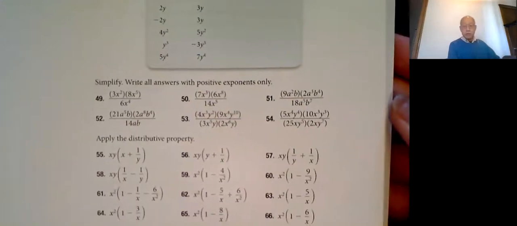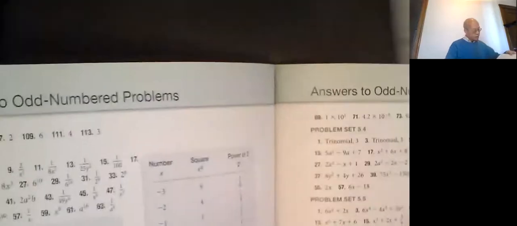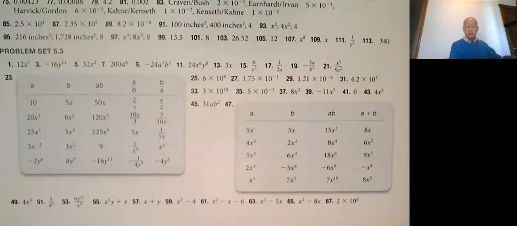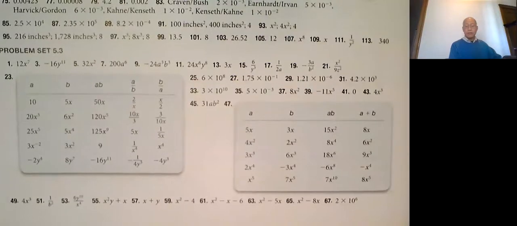Right, and we have to go to 53, so I think you see that there. 5.3 in the back of the book, answers. And yeah, everything we need is over there.